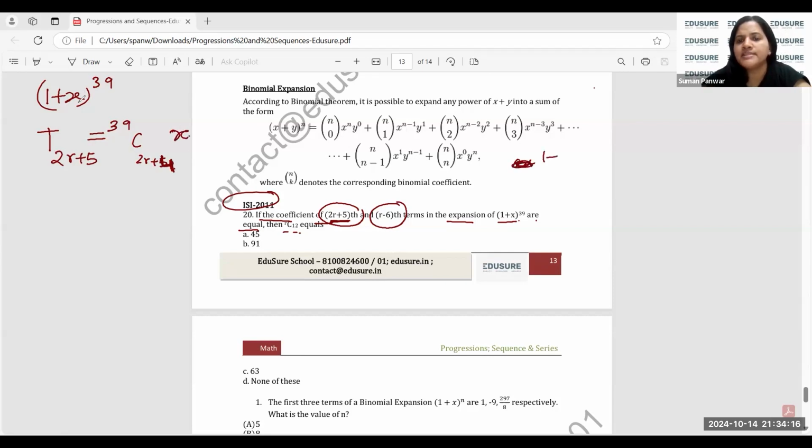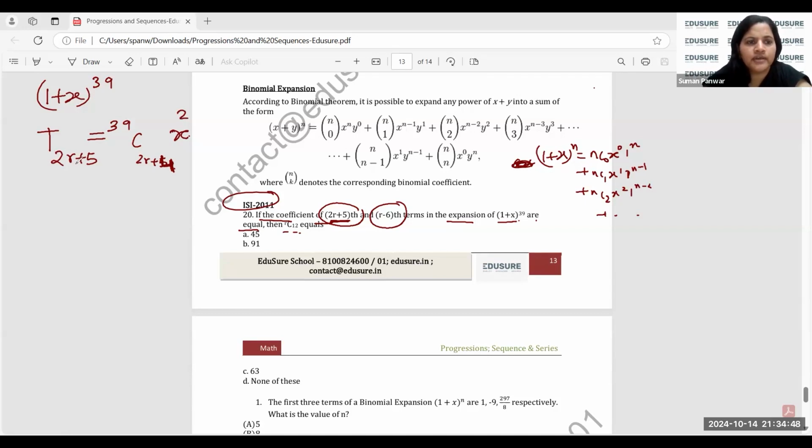If we have (1 plus x) power n, it will be nC0, x power 0, 1 power n. Then nC1, x power 1, 1 power n minus 1, because all the powers of 1 are the same. nC2, x power 2, 1 power n minus 2, and so on. So in this case, the power of x will be 2.